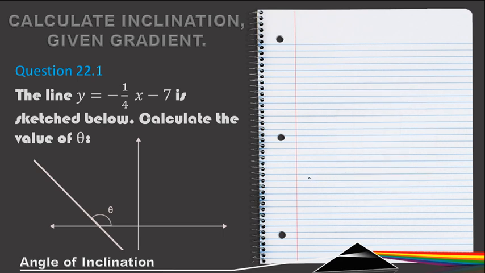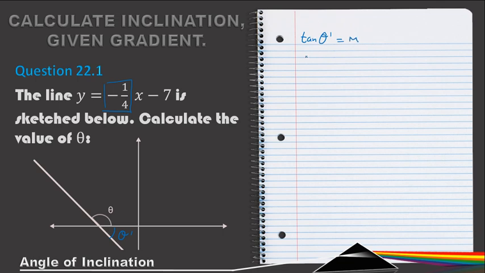So question 22.1. The line y equals minus 1 over 4x minus 7 is sketched below. Calculate the value of theta. So once again, because this is our gradient, and our gradient is negative, we know we're going to get this angle. Theta, let's call it theta 1. Now my formula, tan theta 1 equals the gradient.